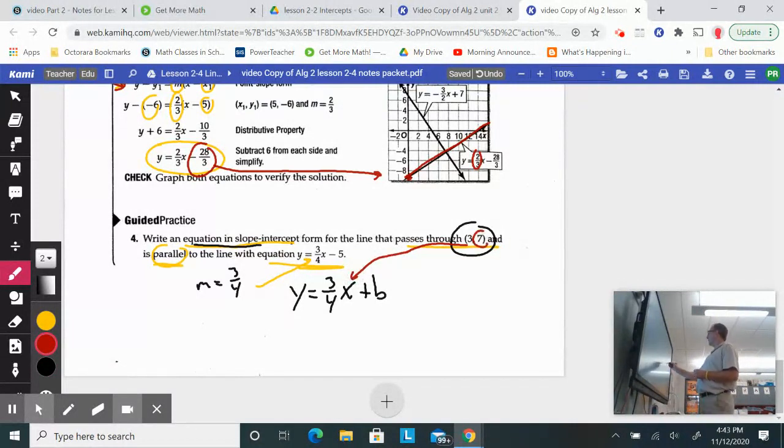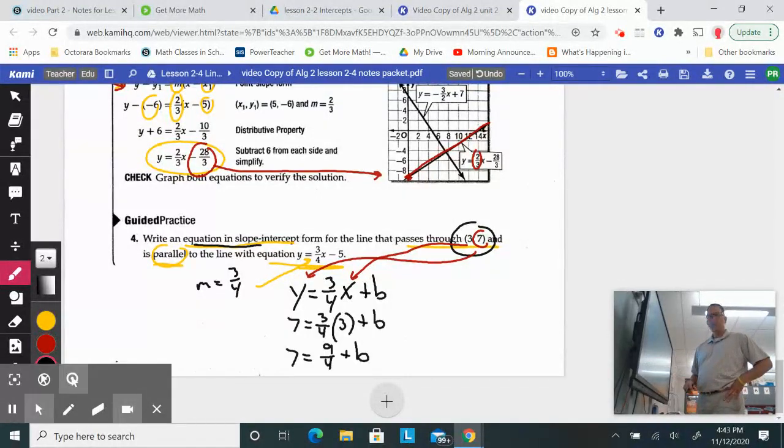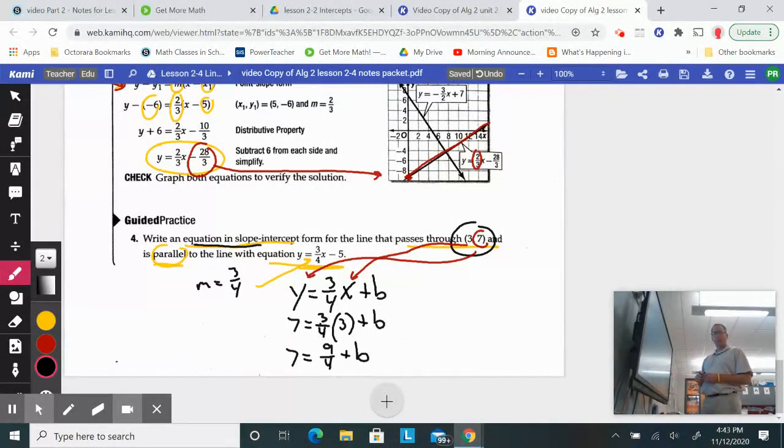Then I take the 7 and put it in for the y. I filled in the 3 for the x, the 7 for the y, and multiplied 3/4 times the 3. I got 9/4. Now all I have to do is subtract 9/4 from both sides and I find out what my y-intercept is.